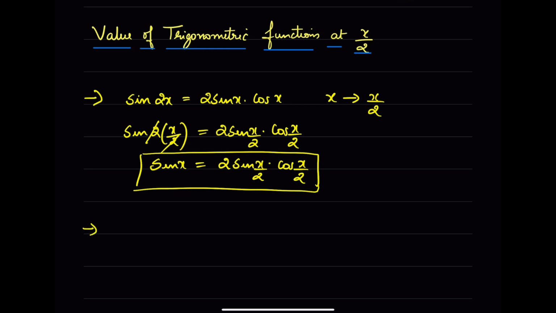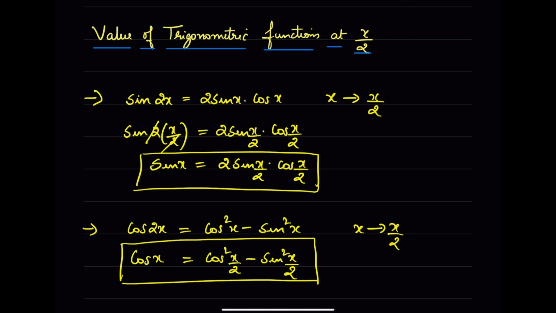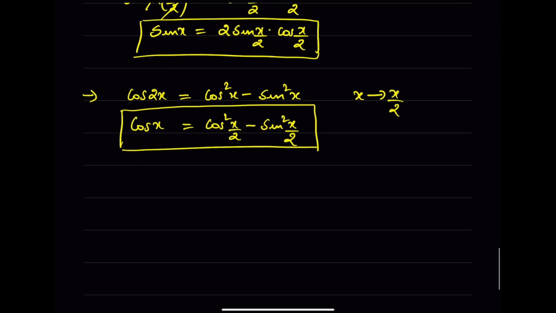Now similarly, let's try the next one. We know that cos 2x is nothing but cos square x minus sin square x. Now let's replace x with x by 2. So here the 2 would get cancelled. So cos x is nothing but cos square of x by 2 minus sin square of x by 2. Now let's go to the next one, which is tan of 2x.